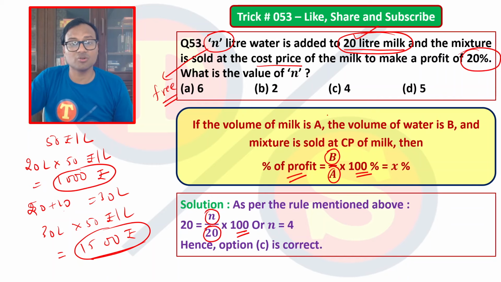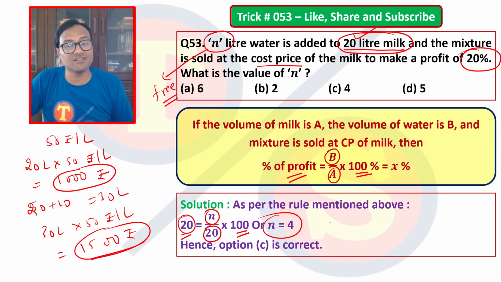The percentage profit is 20, that is given in the question. So put 20 on the other side of the equation. Calculate the value of n, means when you mix 4 liter water in 20 liter milk and sell the entire mixture at the rate which is equivalent to the cost price of the milk, then you will always have a profit of n by 20 into 100, means 20% profit.